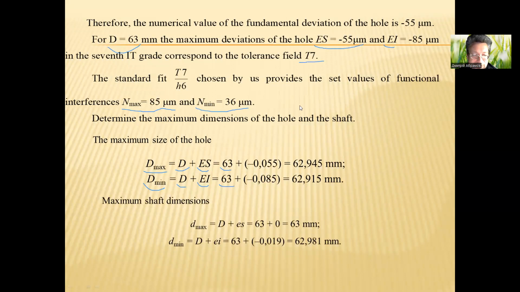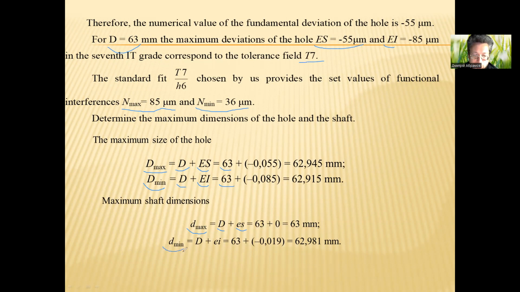Maximum shaft dimensions. The maximum diameter of the shaft is equal to the nominal diameter plus the upper limit deviation of the shaft. Nominal diameter of the shaft 63 millimeters plus 0, and we have small d maximum equal to 63 millimeters.